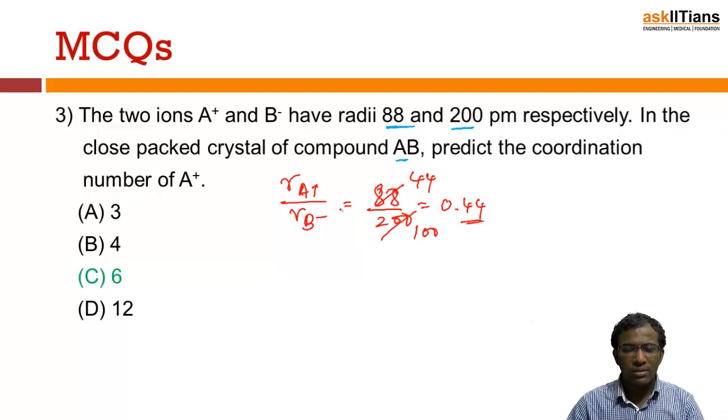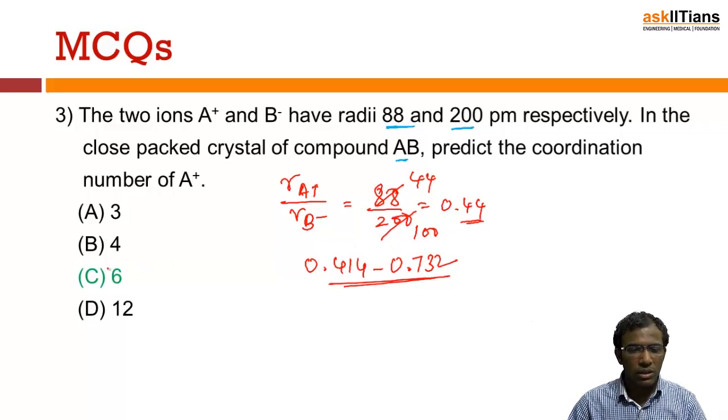This radius ratio of cation to anion falls in the range of 0.414 to 0.732. If the radius ratio falls in this range, the coordination number will be 6. So C will be the correct option. So 6 is the coordination number of the cation A+.